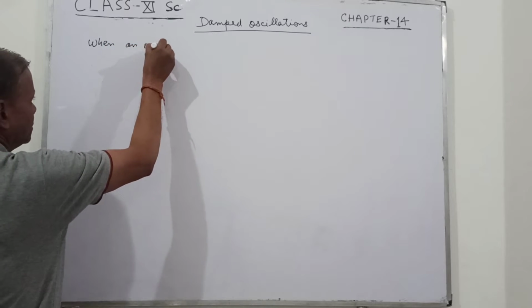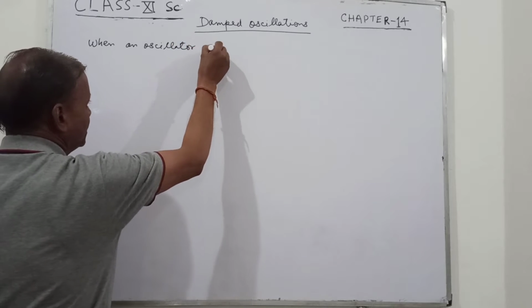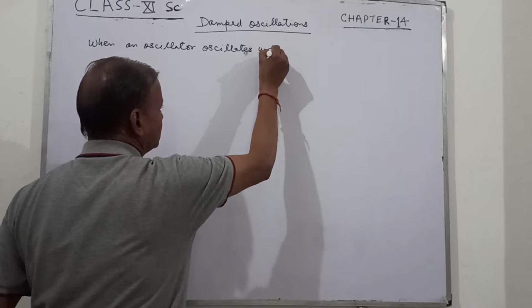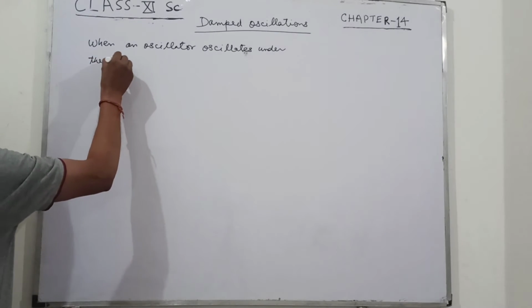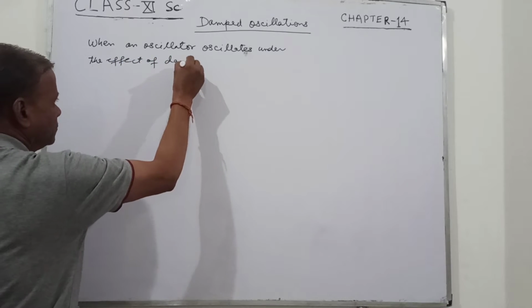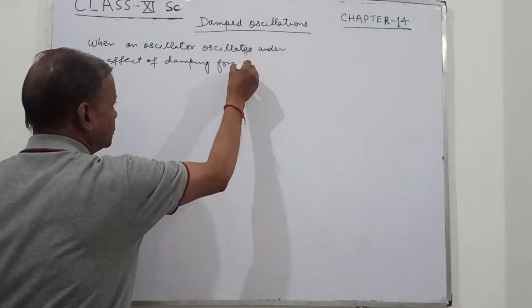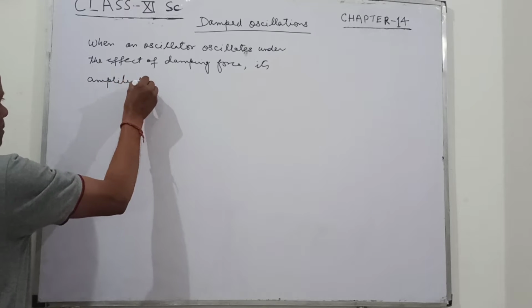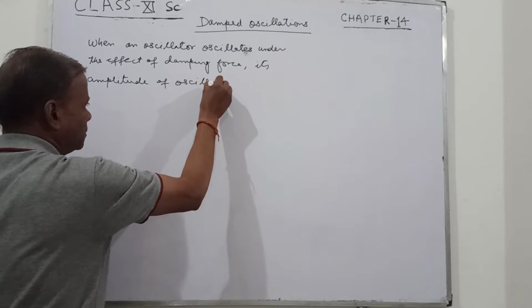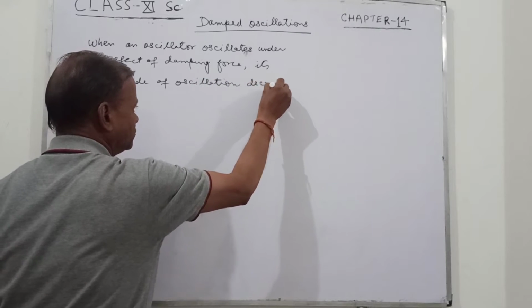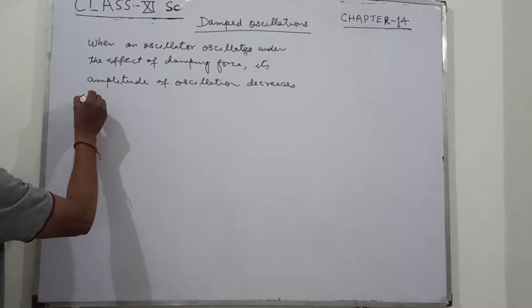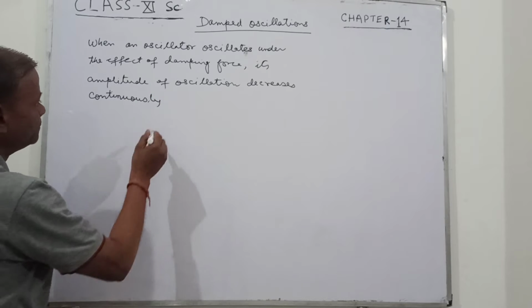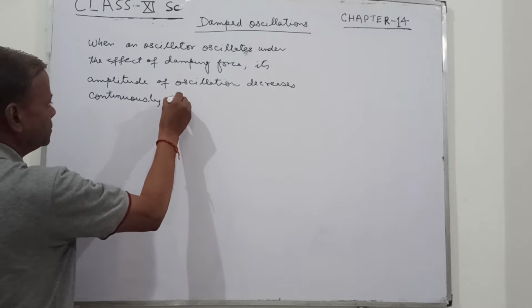When an oscillator oscillates under the effects of damping force, its amplitude of oscillation decreases continuously with time.